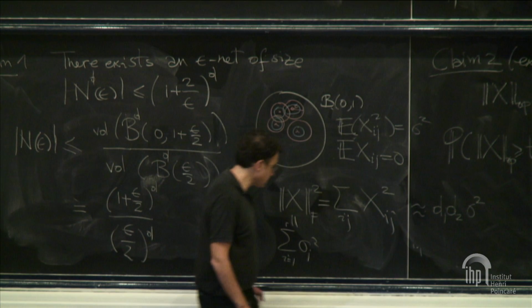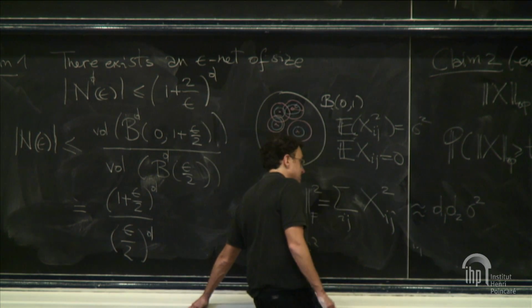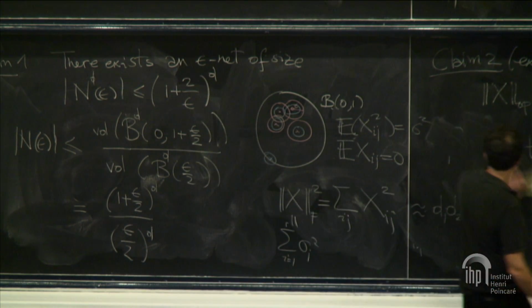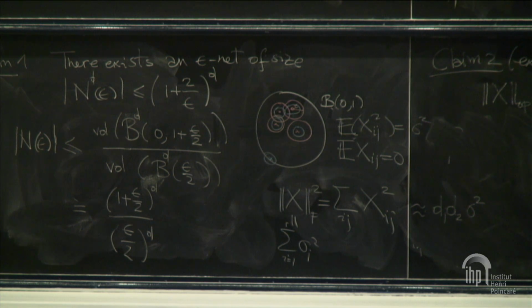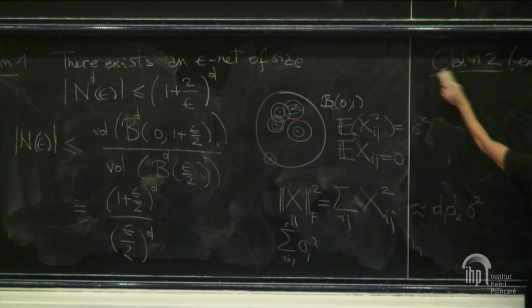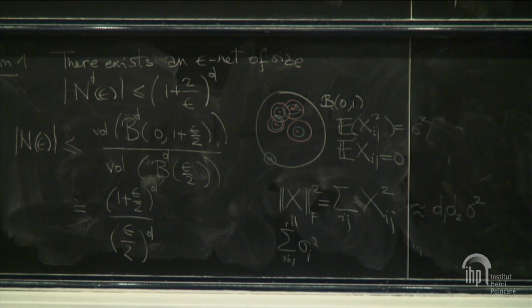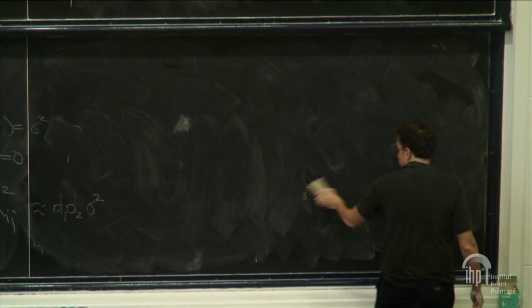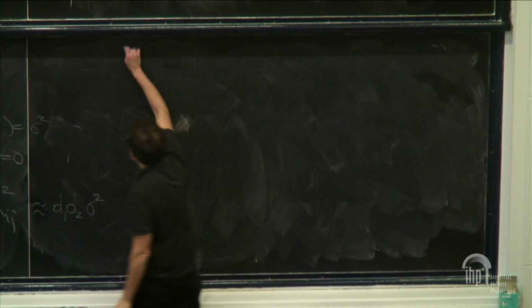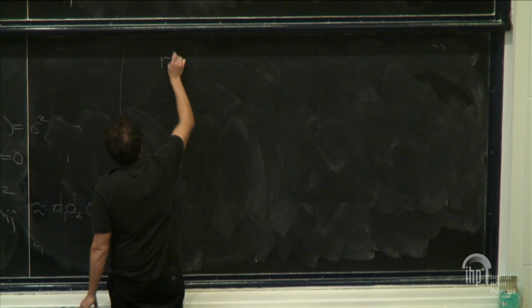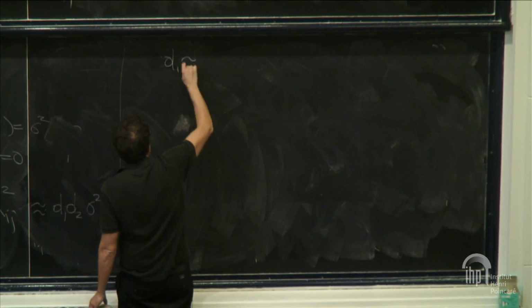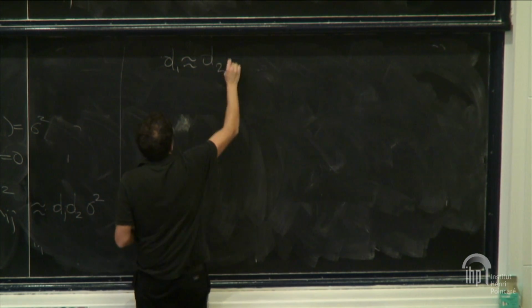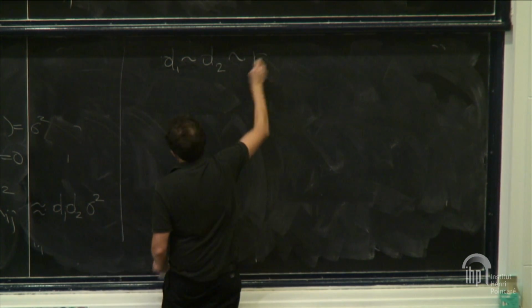So now if all the singular values are of the same size, let me assume for a moment that d1 is of the same order as d2, that is of the same order as r.